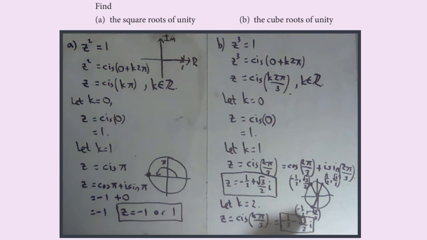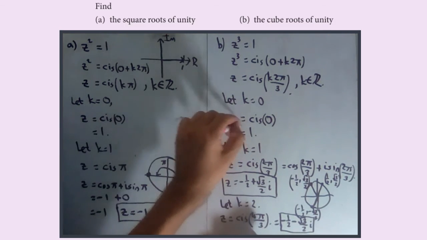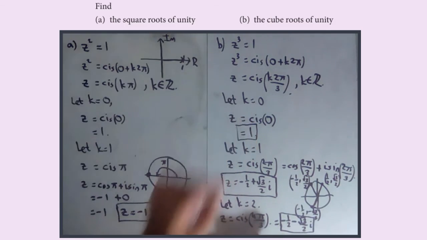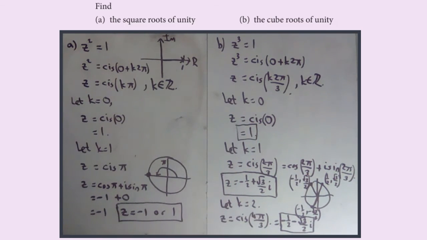So minus a half minus root 3 over 2 i must be a root. They are complex conjugates, and then the third root is 1, which I should put a box around. So the 3 answers to z cubed equals 1, or the cube roots of unity, are 1, minus a half plus root 3 over 2 i, and minus a half minus root 3 over 2 i.